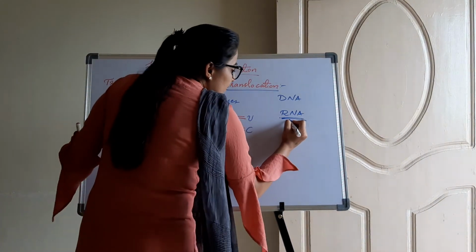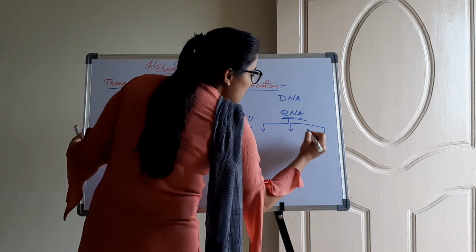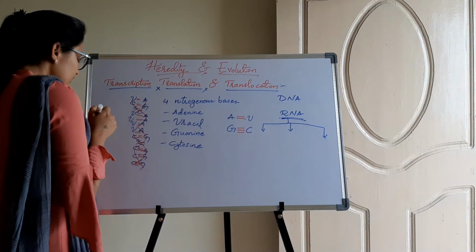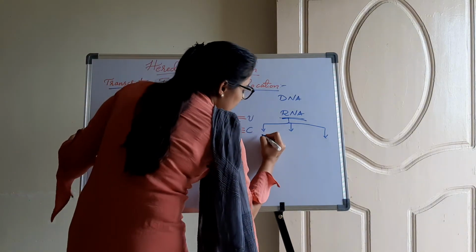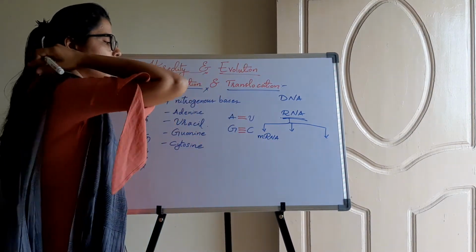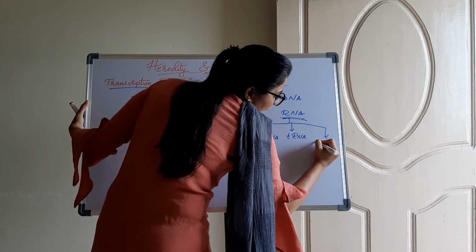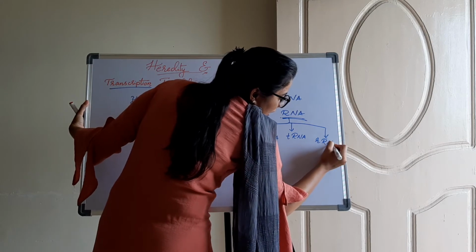Now when we are talking about the RNA, there are 3 types based upon their location. What are the 3 types? One is mRNA, another is tRNA, and the third one is rRNA.